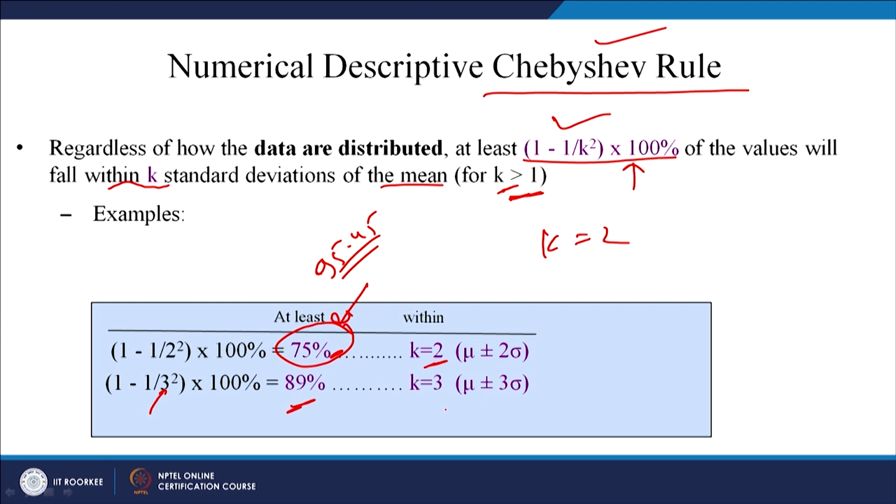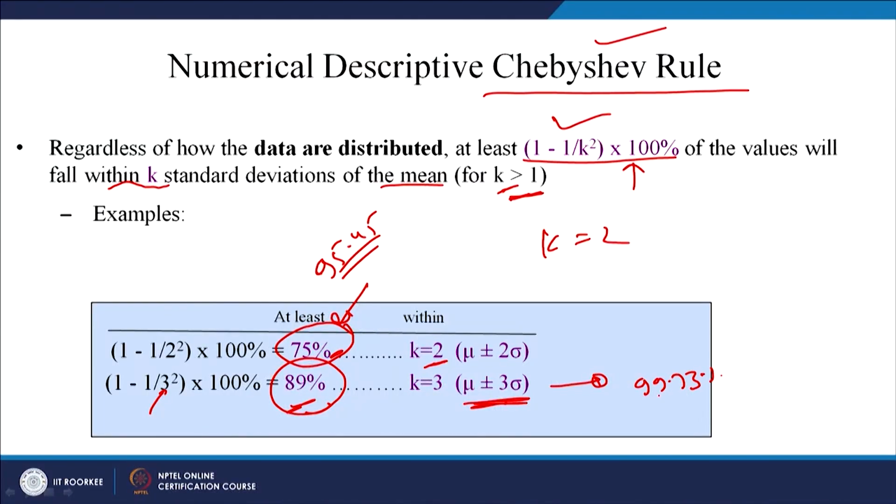So, 89% of the data points will lie within 3 sigma limits according to the Chebyshev rule, and according to our empirical rule where the distribution was normal, it was approximately 99.73%, but here it is 89%.